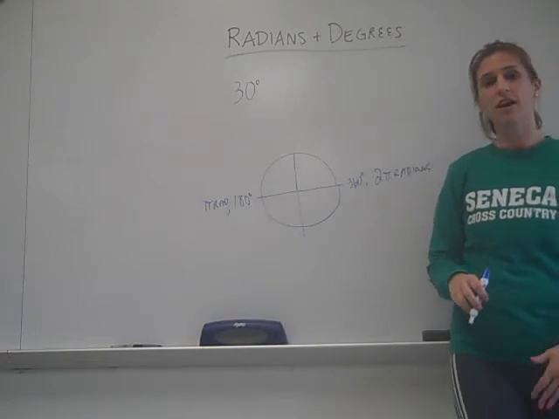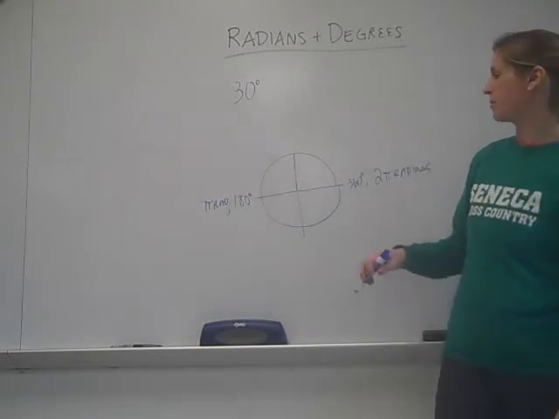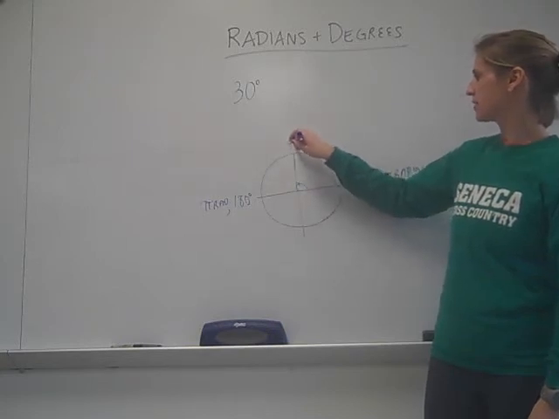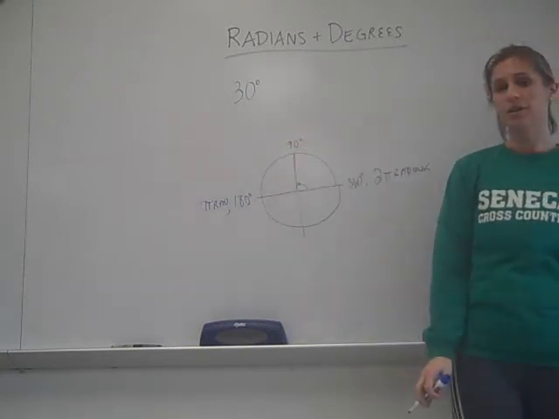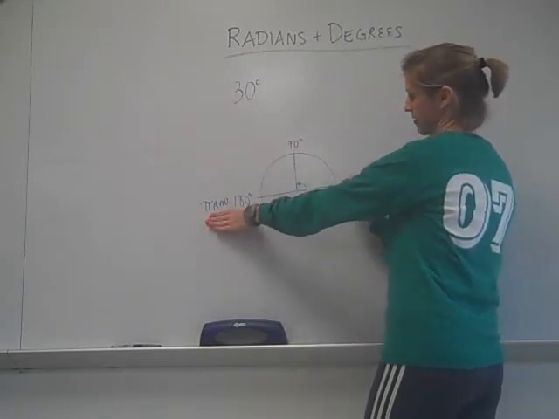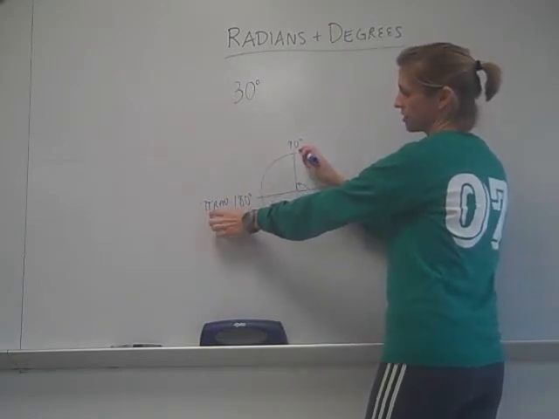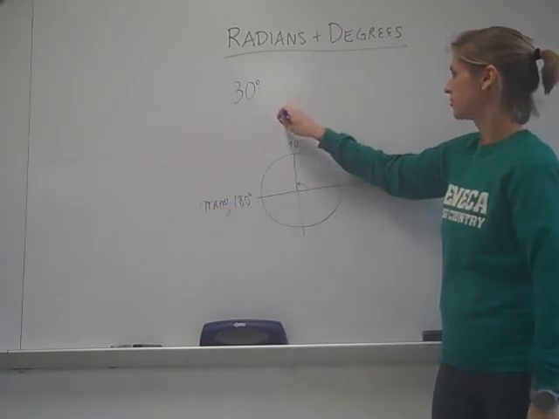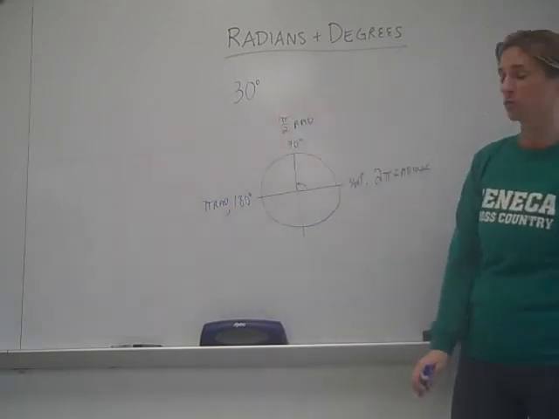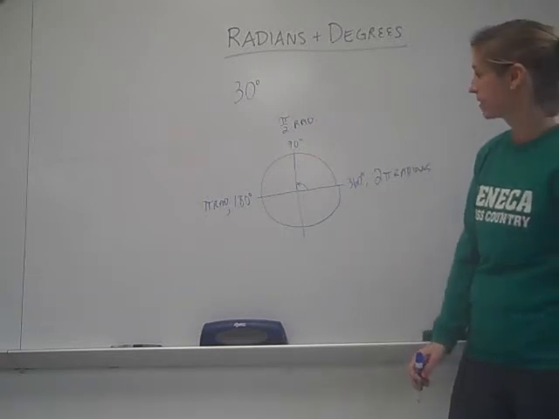And I can do that for every place on the circle. So let's just do the big ones. If from here to here is 90 degrees, how many radians? Well, if this much is pi radians, from here to here is only half of that. So it's pi divided by 2 radians, or 1/2 pi radians.